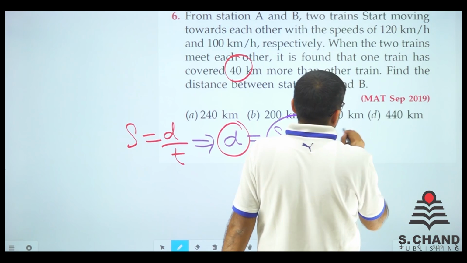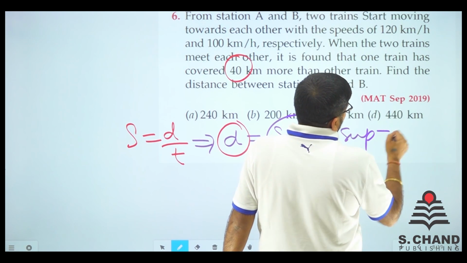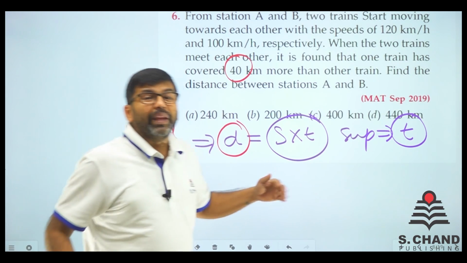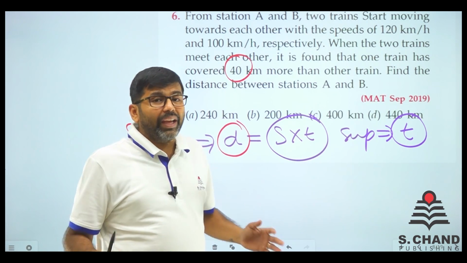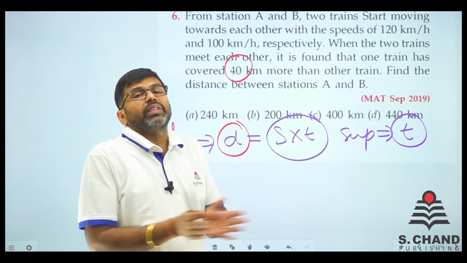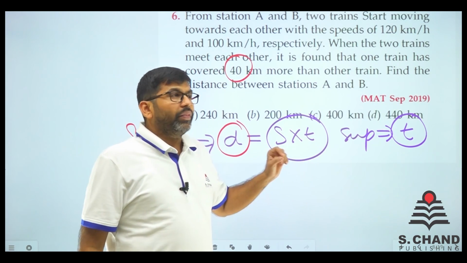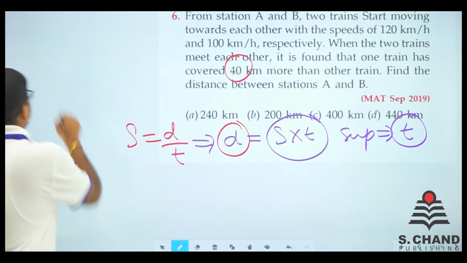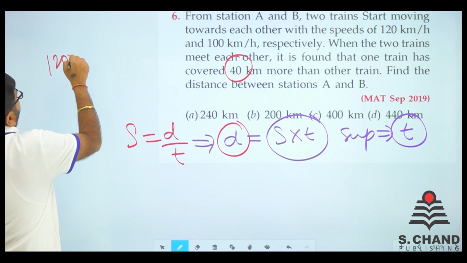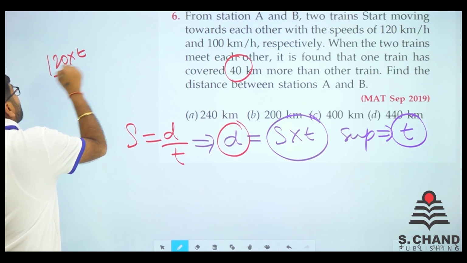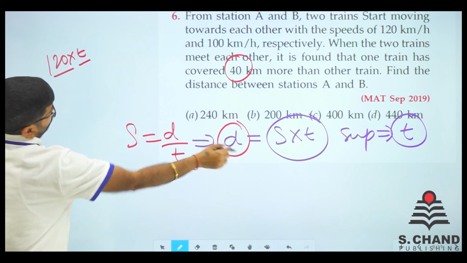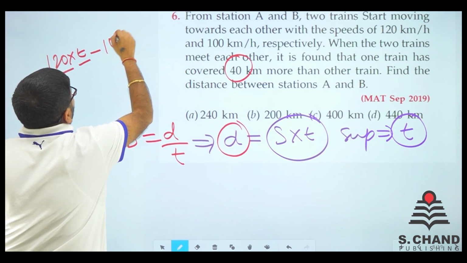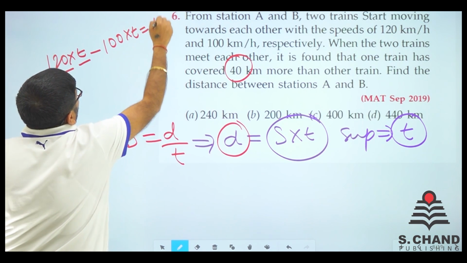Let's suppose that time is T hours. After T hours they meet. They start from points A and B. After T hours they meet. When they meet, one of them has traveled 40 kilometers more. So what I do is 120 into T, that is speed into time, that is distance 1, minus 100 into T, that will be 40.